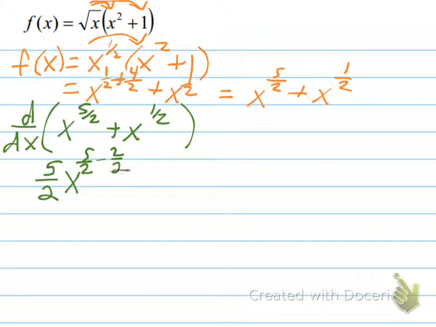Instead of 1, I'm going to rewrite my 1 to 2 over 2. Plus, again, do the power rule again, bring down that 1/2, and take your exponent and subtract by 1. I'm going to subtract by 2 over 2.